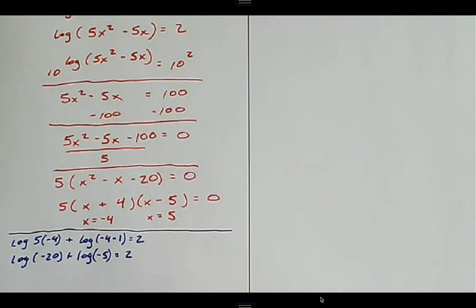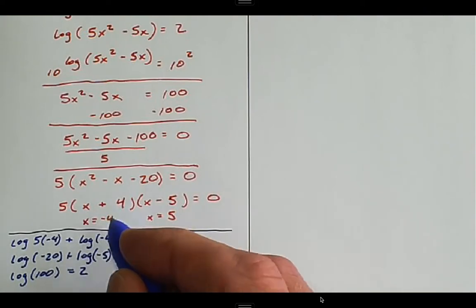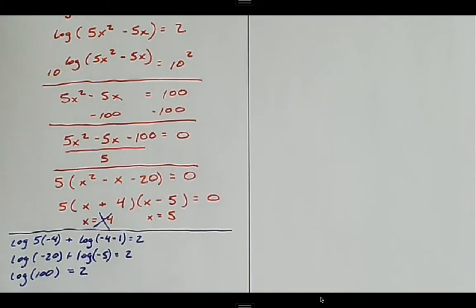And then we get the log of 100 is equal to 2. And so even though we do get the value of 2 here, we can't take the log of negative 20. So negative 4 is not going to work for this one.